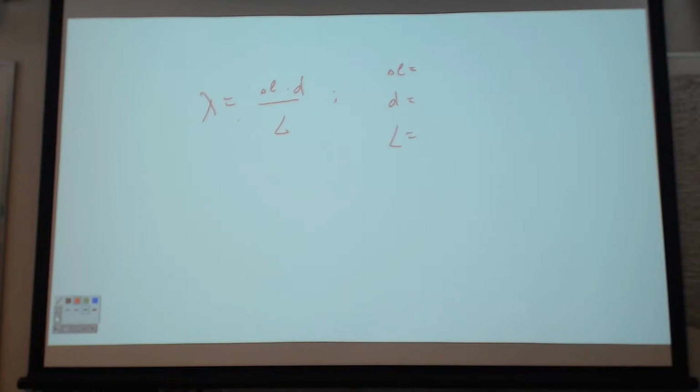Delta L is 1.61 centimeters. The distance between the slits is 0.19 millimeters, and the distance to the screen is 4.9 meters.